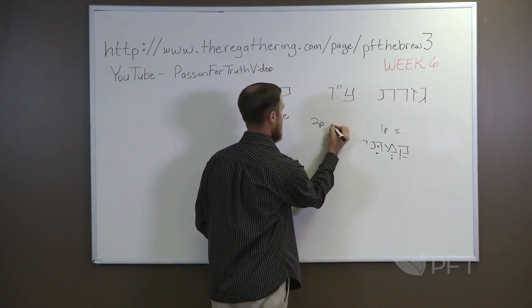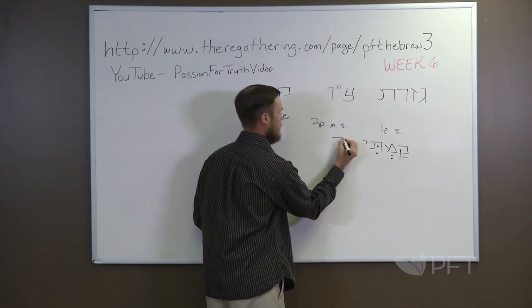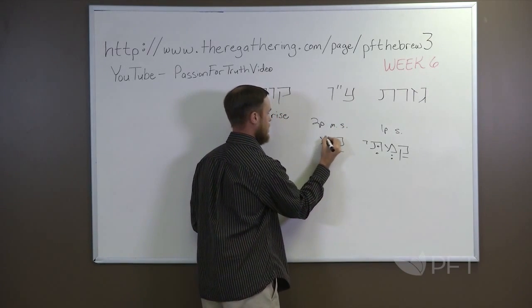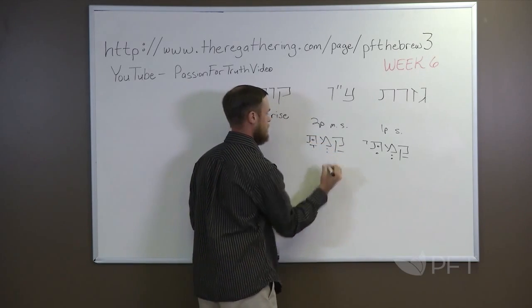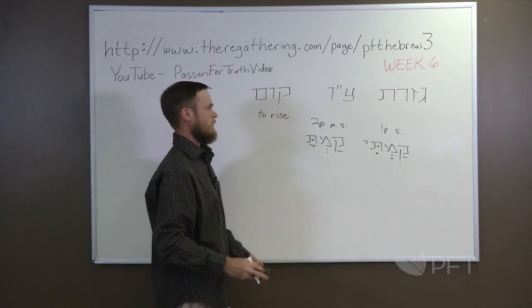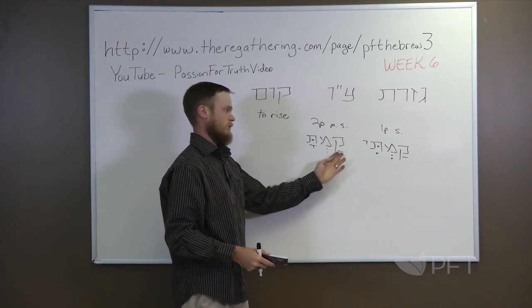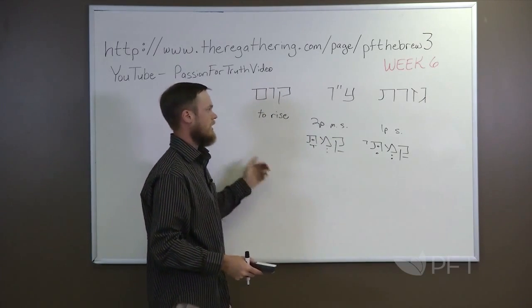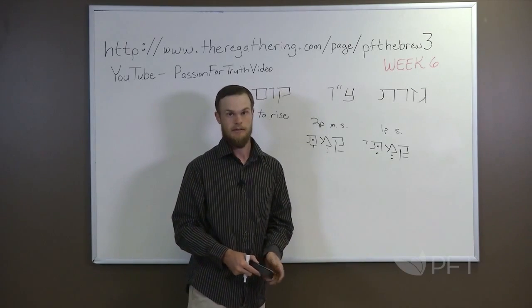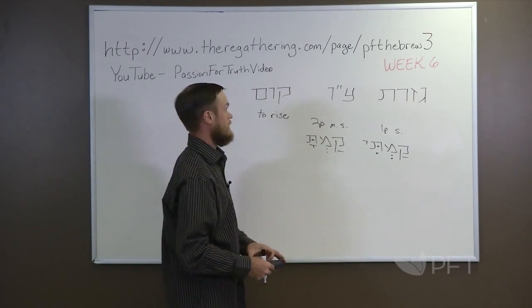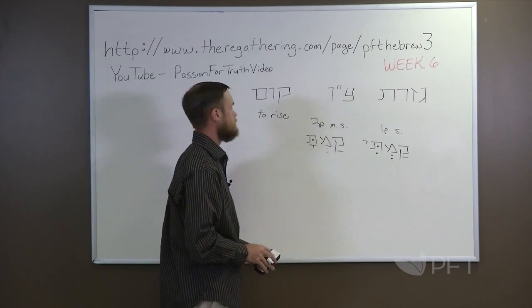Okay, the second person masculine singular, kam again with a patach, kam ta, and so on. Okay, so the first and second persons are vocalized with a patach, the third person with a kametz, and the endings all stay the same, and the vav disappears in the past tense. Okay? So that is the ayin vav past tense.